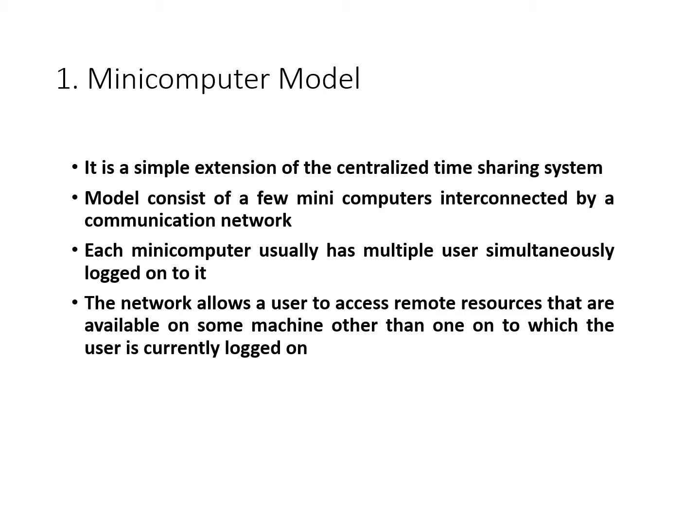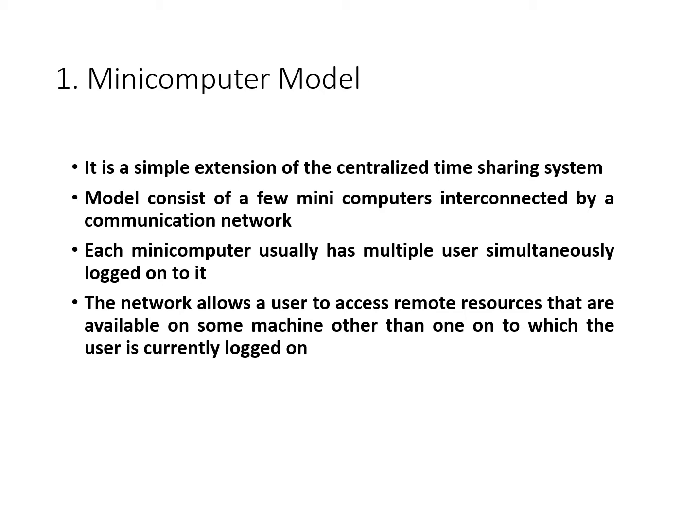So the network will allow a user to access remote resources that are currently unavailable in his or her own machine but are available in a remote machine to which the user has access.